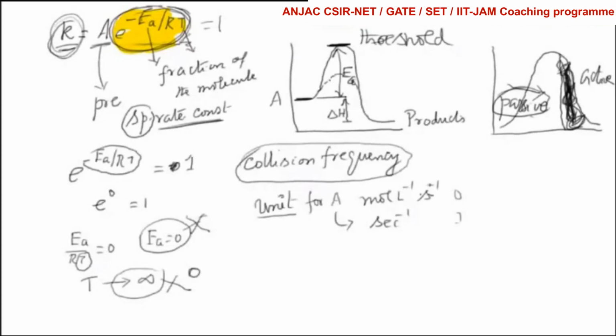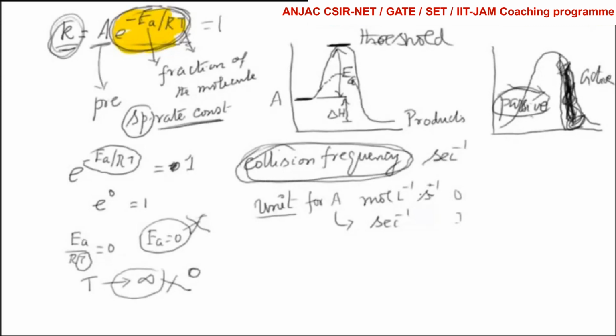And when will you call this A a collision frequency? Collision frequency is how many times the collisions occur between the molecules per second, so the collision frequency has the unit per second.